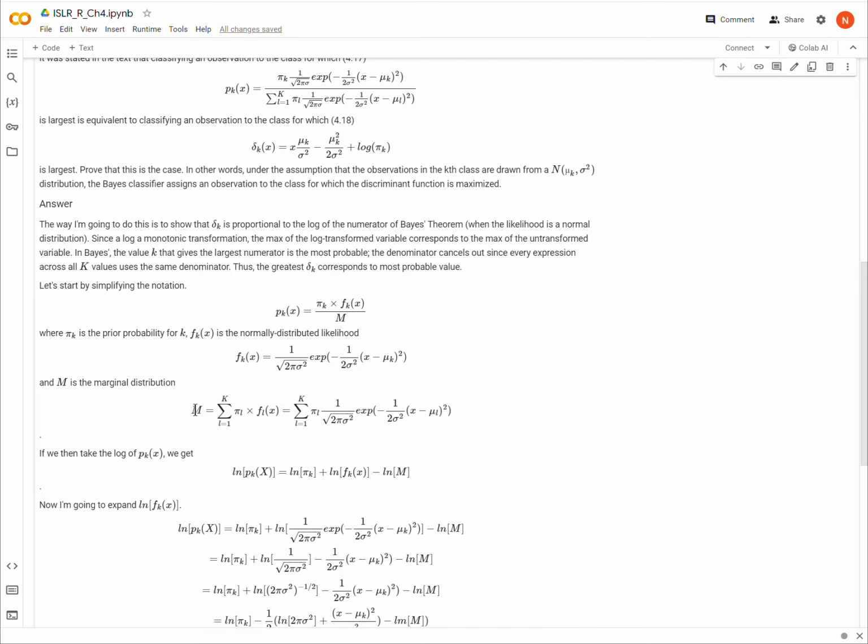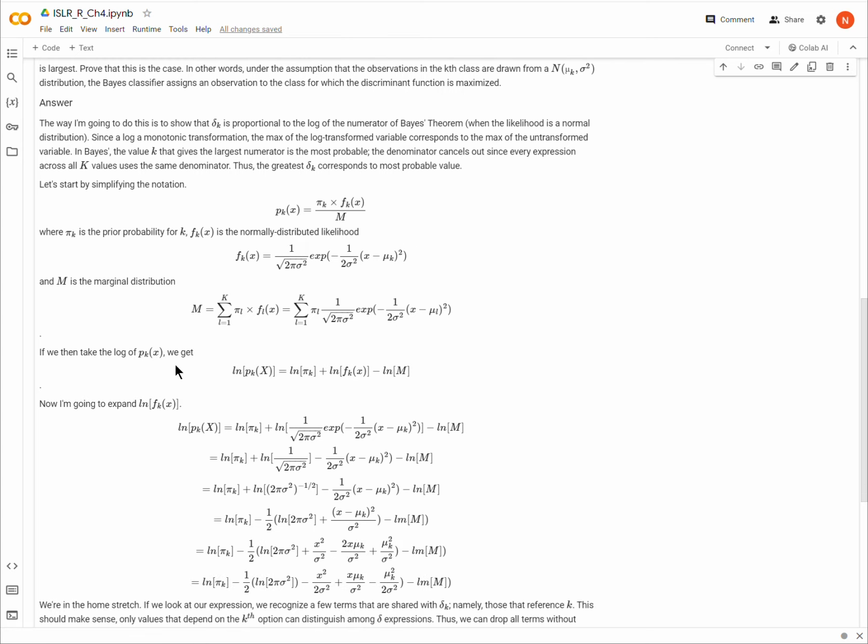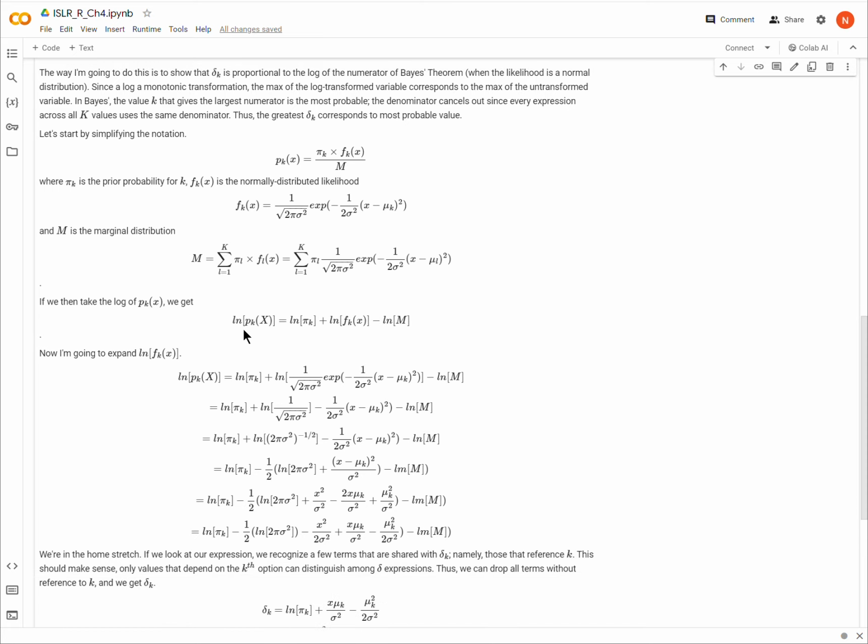It turns out that we're not going to have to mess with M much at all, and that should make sense because, like I said, the marginal is irrelevant when we're just ranking the most probable categories. Now if I take the log of this expression here, I get this. The log of the Bayes classifier is the log of, well, I don't have to read it out for you, but this is what we get.